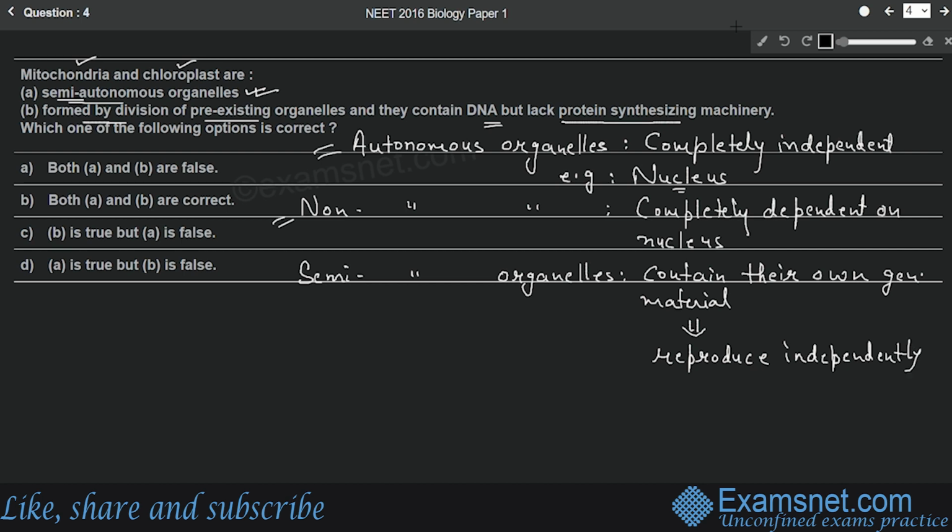So for reproduction, they do not depend on the nucleus, unlike the non-autonomous organelles. But for certain functions, they require the help of the nucleus. Therefore, these are known as semi-autonomous. So these are neither completely independent of the nucleus nor completely dependent on the nucleus. Understood? And we know that mitochondria and chloroplasts are examples of such semi-autonomous organelles.